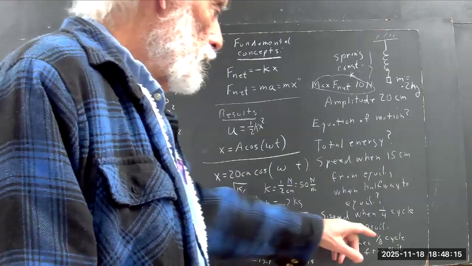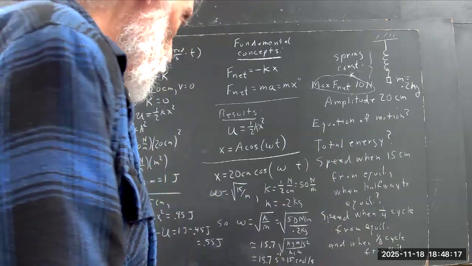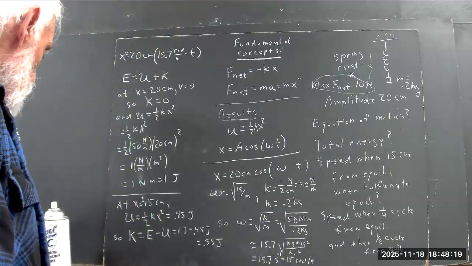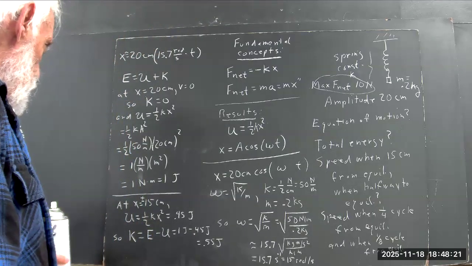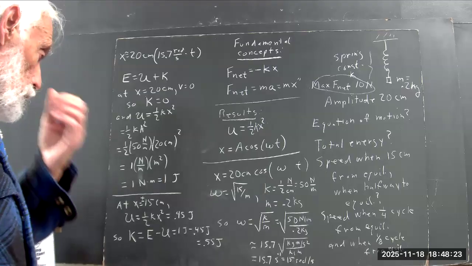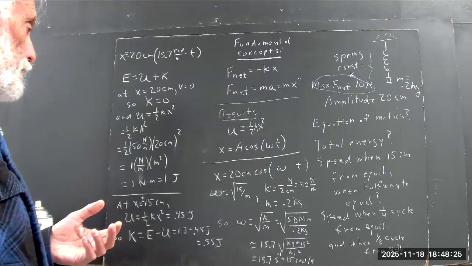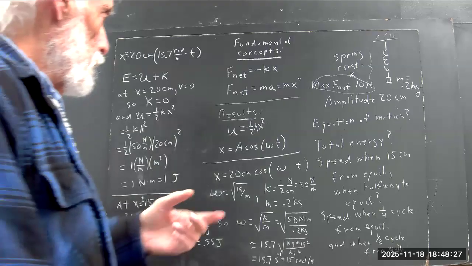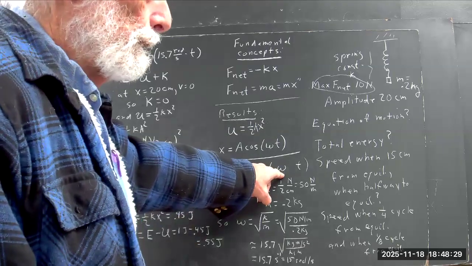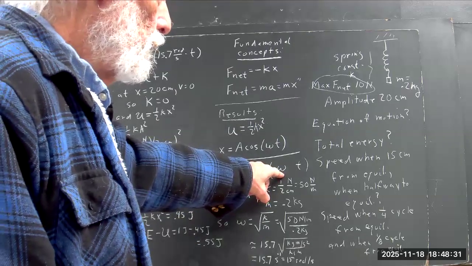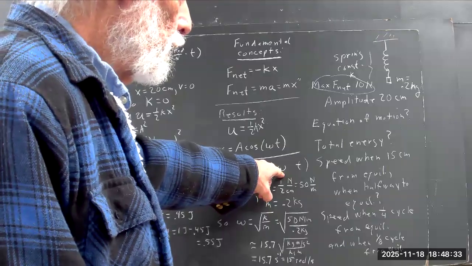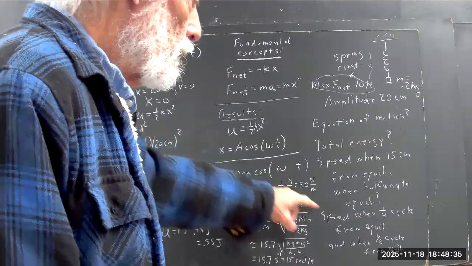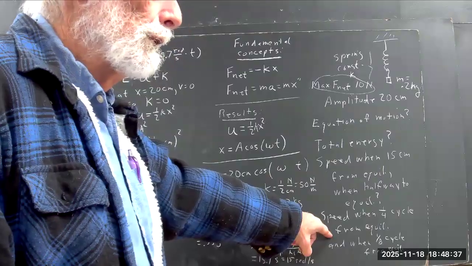And an eighth of a cycle would be an eighth of the period. If you want to find out what a quarter of the period or an eighth of the period is, you can find the period from omega, and then you could substitute that into an equation for the speed or the velocity.